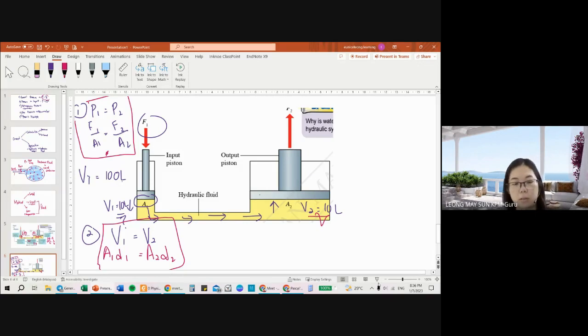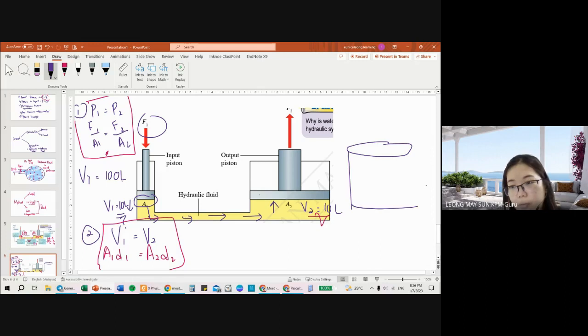What is D? Okay, you asked what is D? Sorry. So D is because, in order to calculate volume, let's just say this volume is 10 liter, we have to calculate the area multiplied by the height.